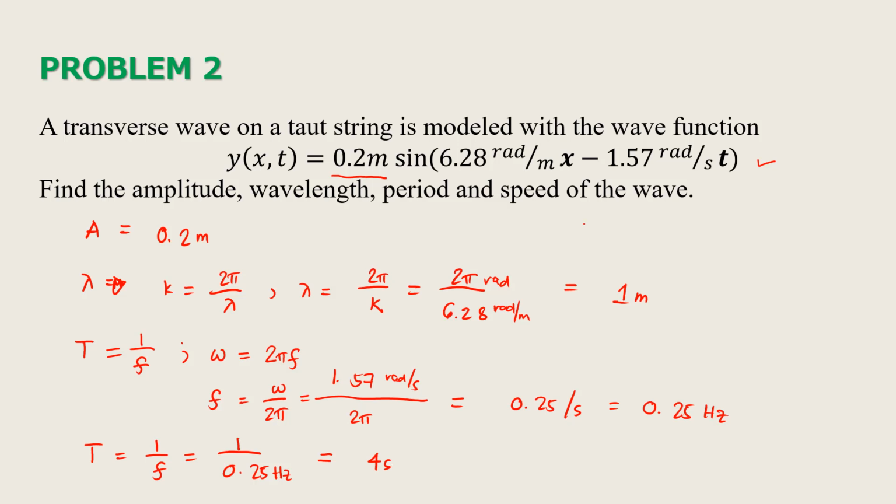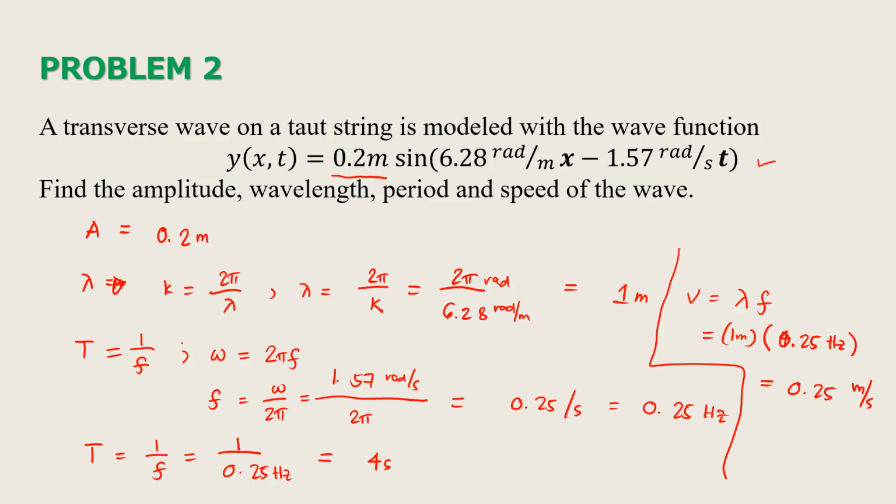So to find the speed of the wave, we just have to multiply the frequency and the wavelength. Therefore, we have 1 meter multiplied by the frequency, which is 0.25 hertz. Therefore, this is equal to 0.25 meters per second.